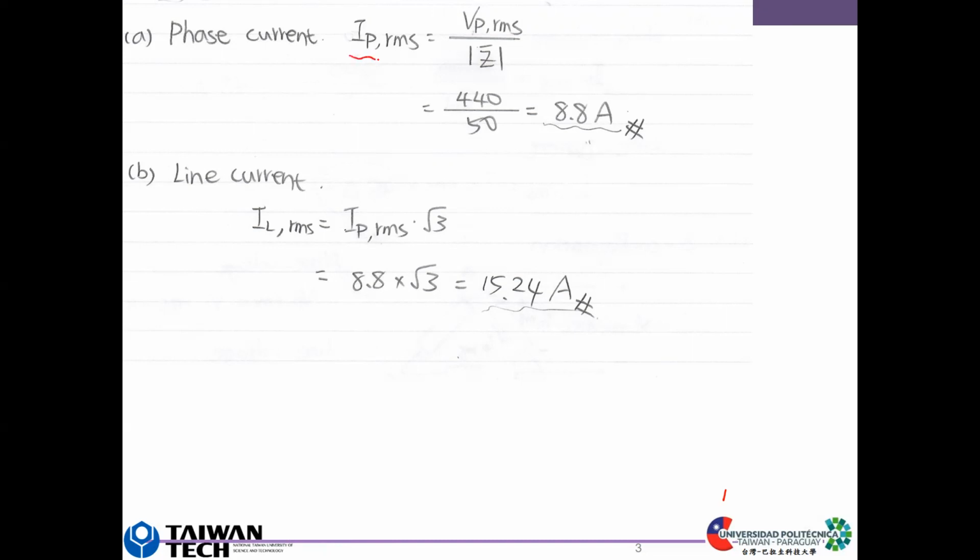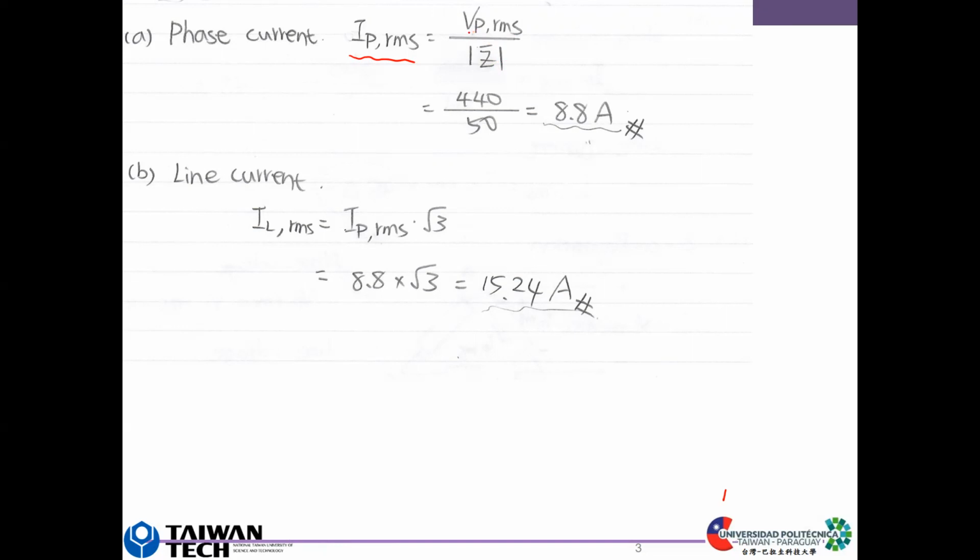That's also the reason that when we perform AC analysis, we tend to use RMS values, because then the calculation is the same as for a resistor.